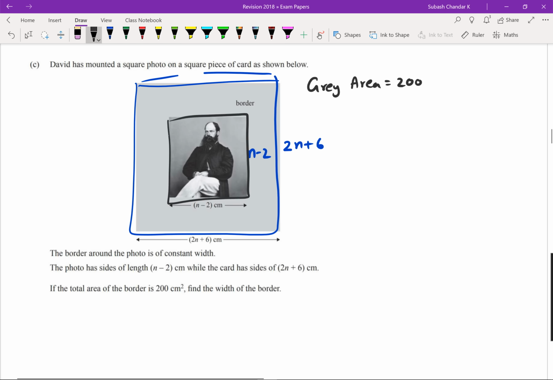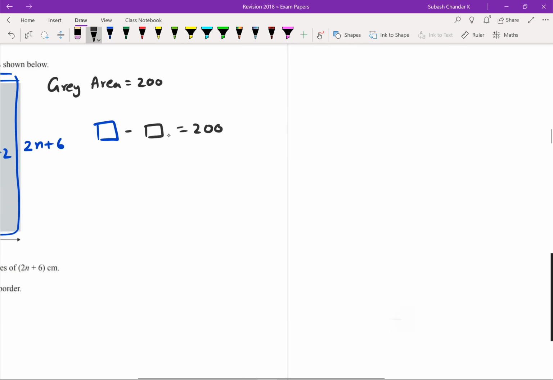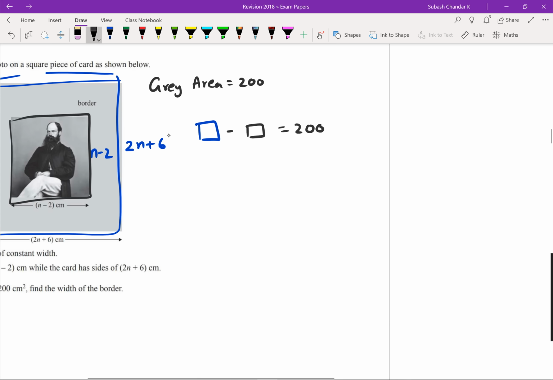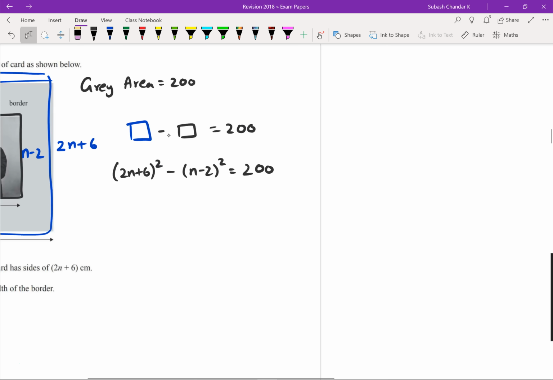If I take the blue square and subtract the little black square, I end up with an area of 200. So let me set up the formula first: 2n plus 6 squared minus n minus 2 squared, and that's all equal to 200.